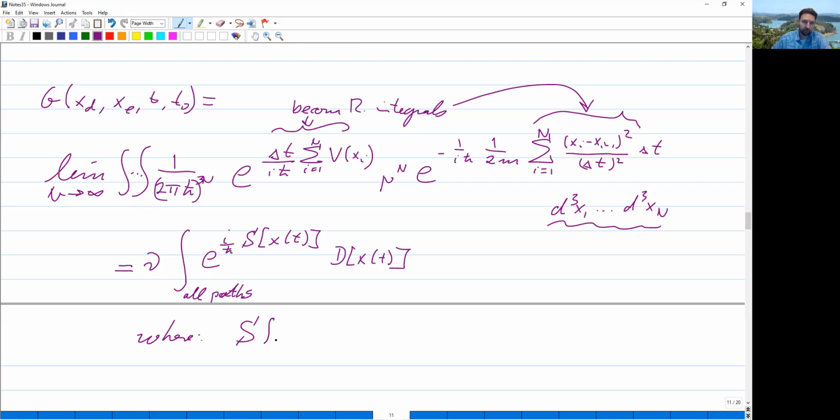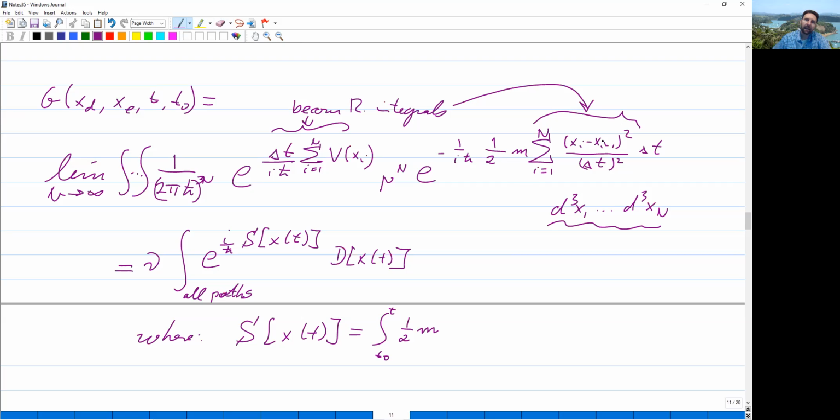Well, the action of x of t is equal to, well, this becomes a Riemann integral here, right? And that Riemann integral is the integral from t naught to t of, well, let's look at what we get. 1/2, and then, oh, this m is, sorry, it's not in the denominator, it's in the numerator. We get 1/2 m, and then, what is this?